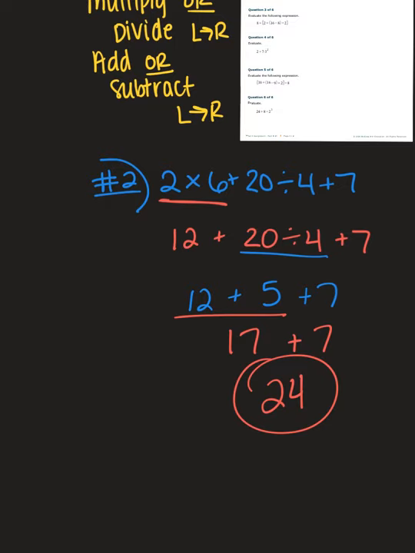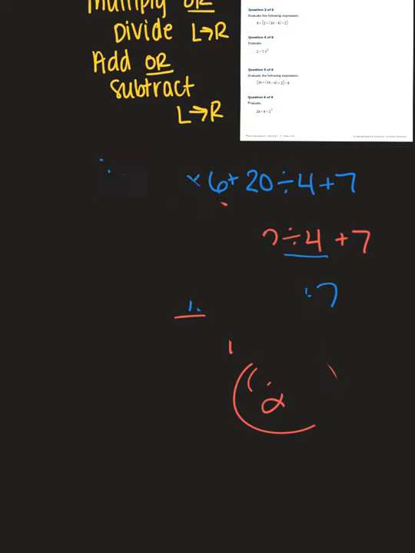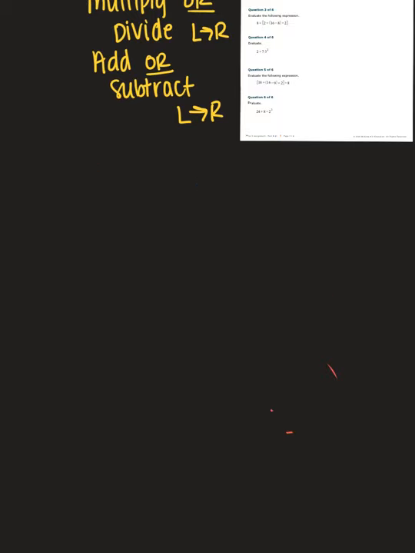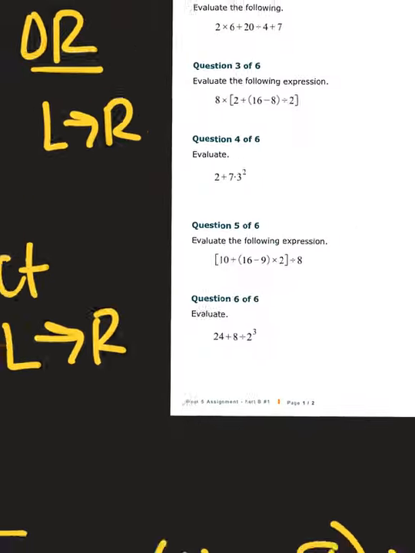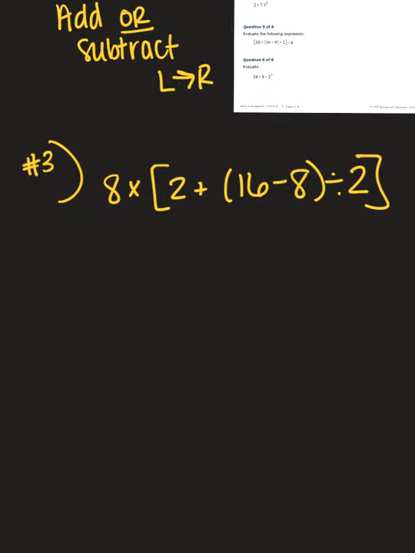Question 3 gets a little bit more complicated here, so we're adding in parentheses now. One comment I want to make about parentheses is that when we have a set of parentheses inside a parentheses, like we see with this problem, it is essential that we work on the innermost set of parentheses first.